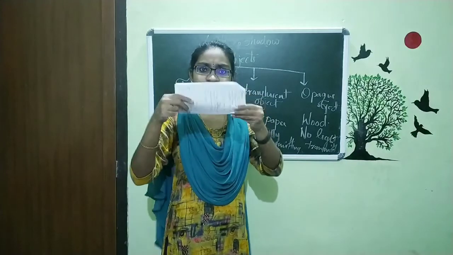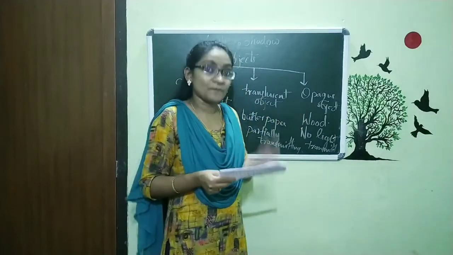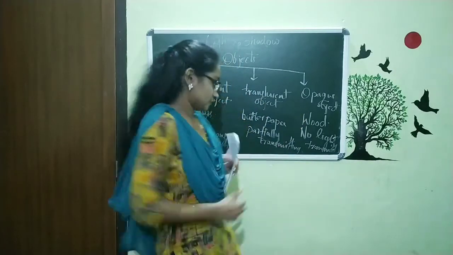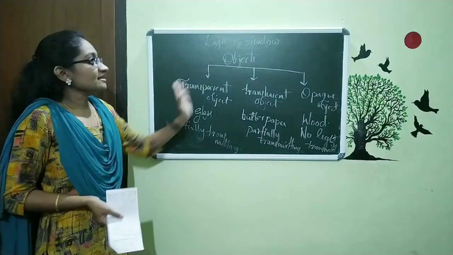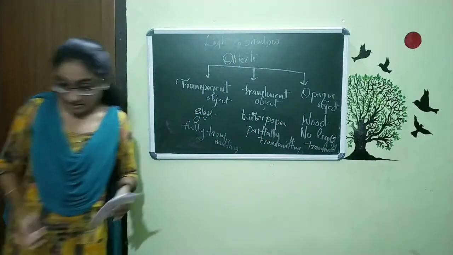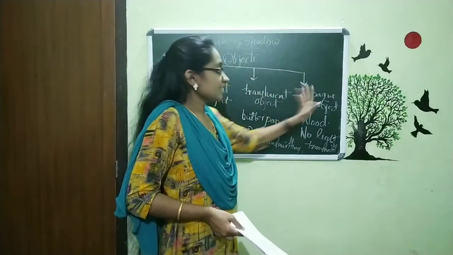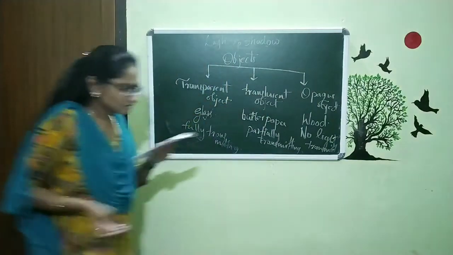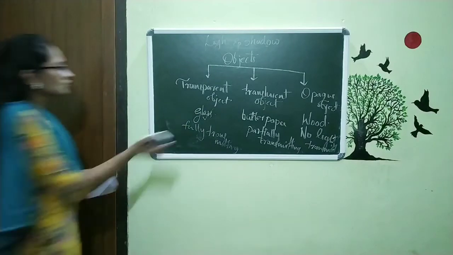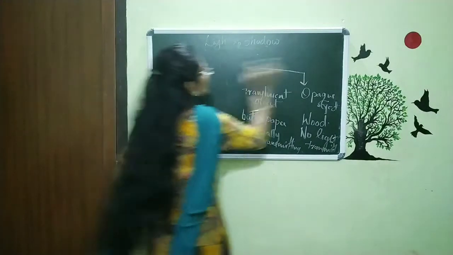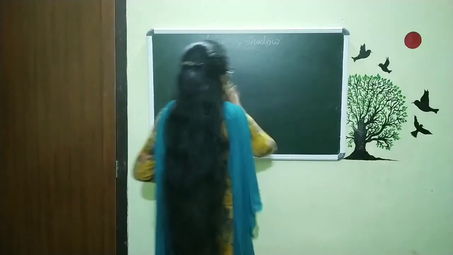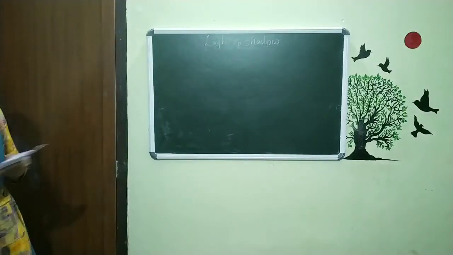Now here this is paper. This paper is actually an opaque substance, it does not allow light to pass through. And so these are the three classifications of objects: transparent object, translucent object and opaque object. So these are the things. Now we are going to define transparent, translucent and opaque objects. First one is transparent.